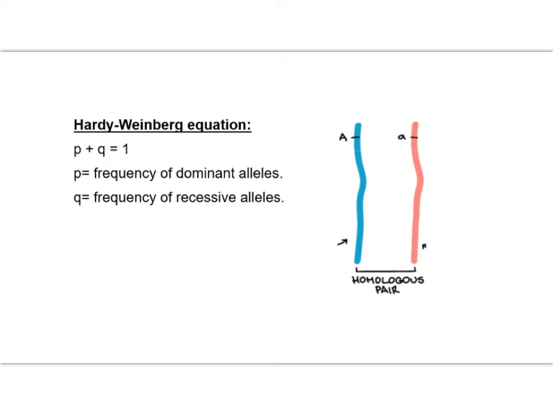This chromosome's got a dominant allele, and this chromosome's got the recessive allele at that locus. So this would be the frequency of allele big A's versus the frequency of allele little a's. P would represent big A, and Q would represent little a in this equation.